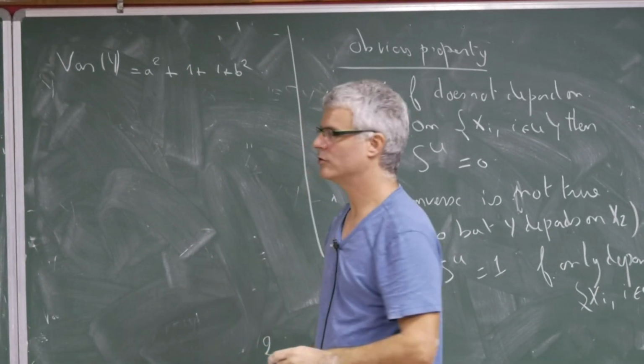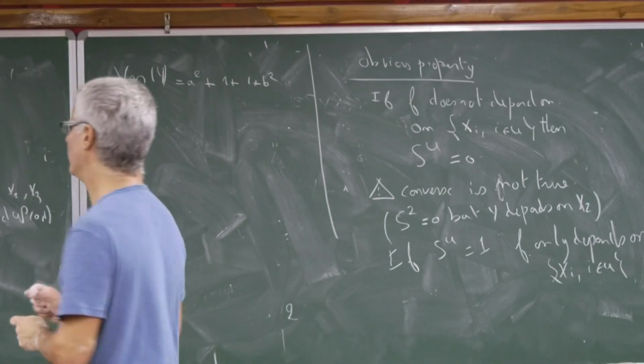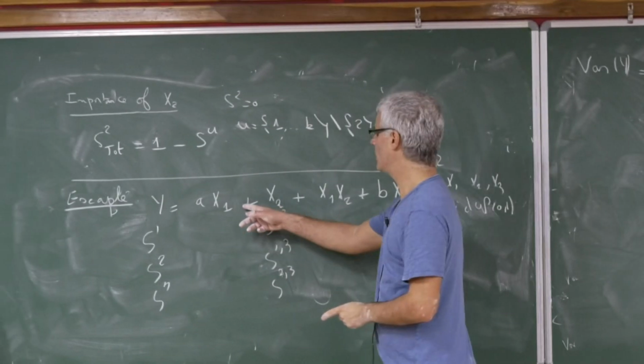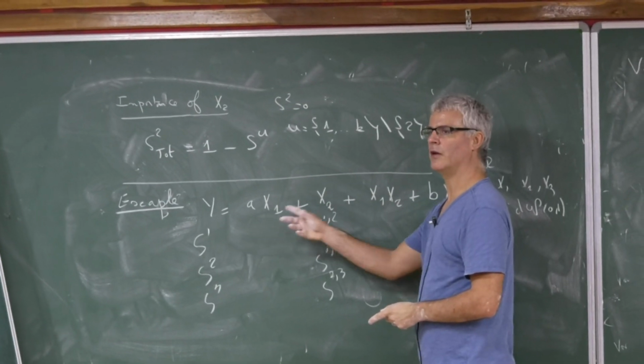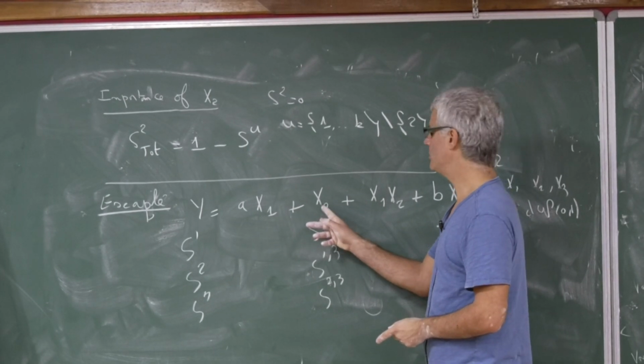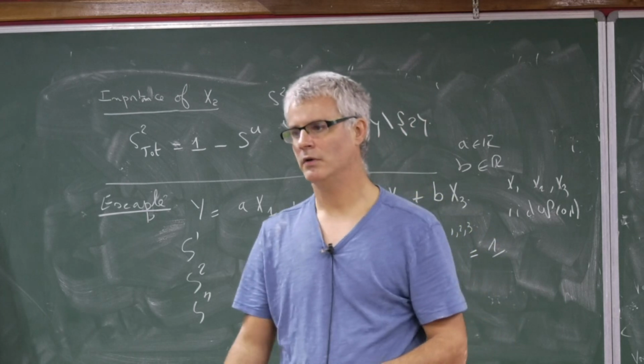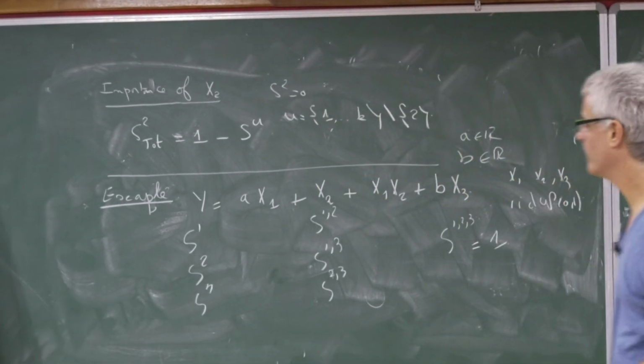I think we should find a square plus 1 plus 1 plus, and so that will be all the squares, and you can see that all the variables are centered and all the covariances are equal to 0. The covariance between this one and this one is 0, this one and this one is 0, and so on. So it's just the sum of the expected values of the squares.